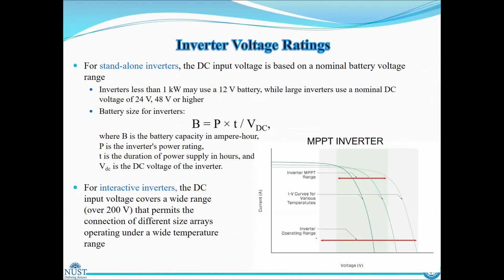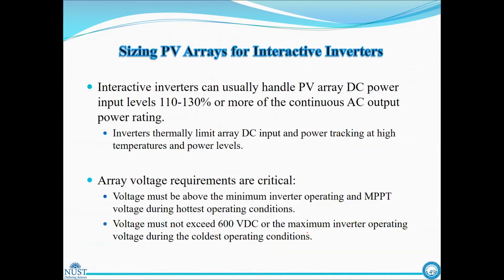Below this range, if the input voltage is lower, then the inverter will not work. But if it goes beyond this upper limit, then the inverter may be damaged. So we must consider these two extremes of the photovoltaic array parameters, particularly the voltage.